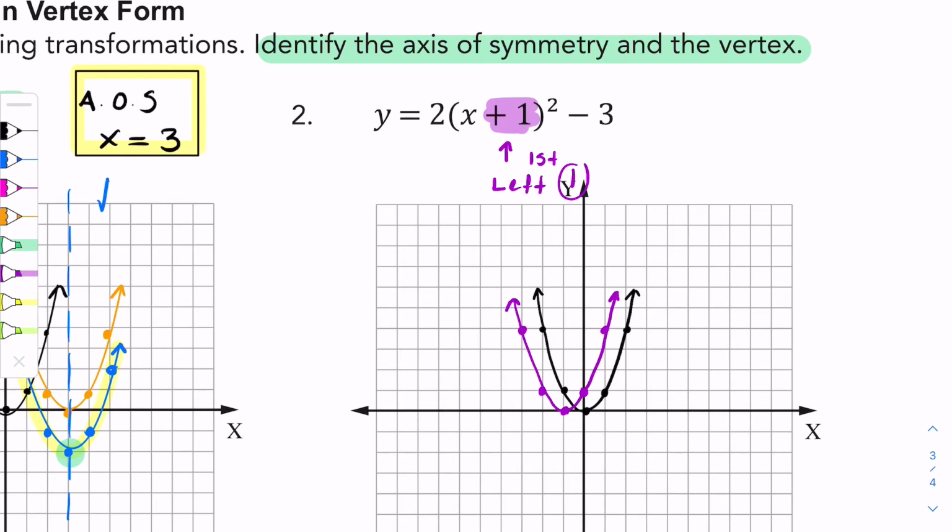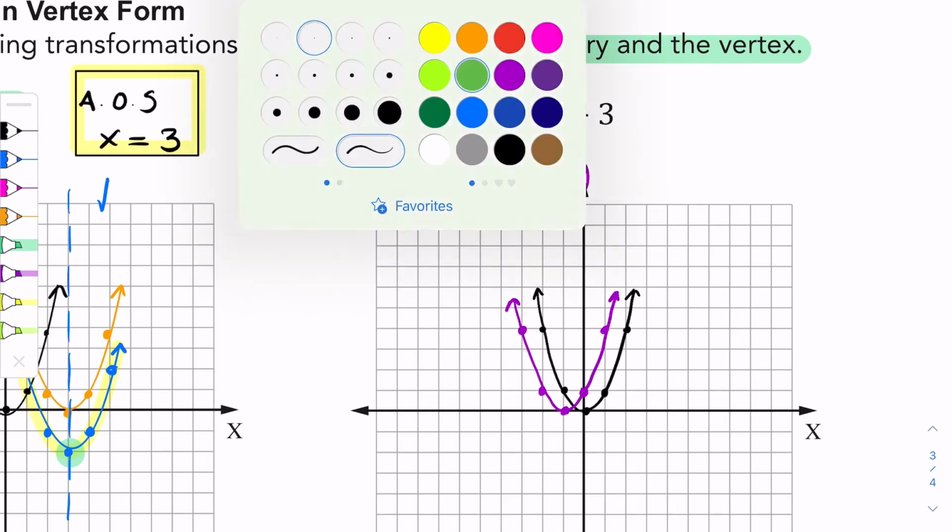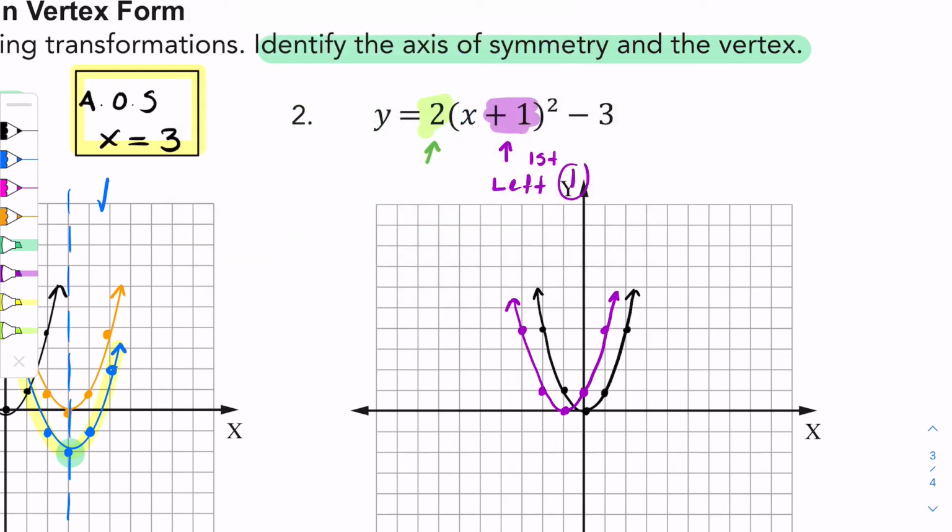Next, I need to identify my vertical stretch. I'm stretching this graph by a vertical factor of 2. If I'm stretching by 2, I multiply all y coordinates by 2.